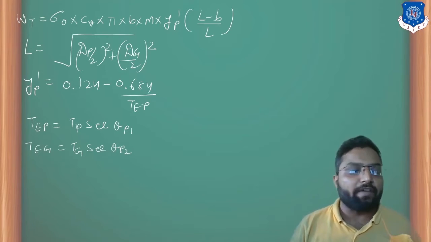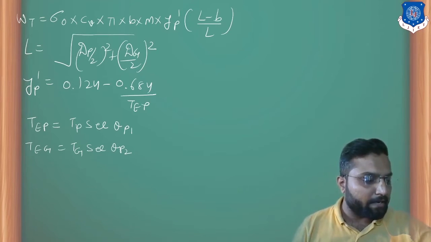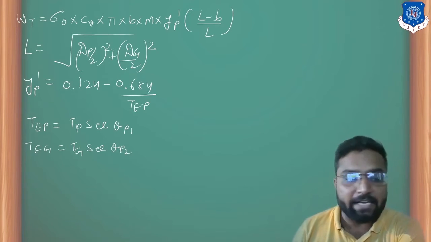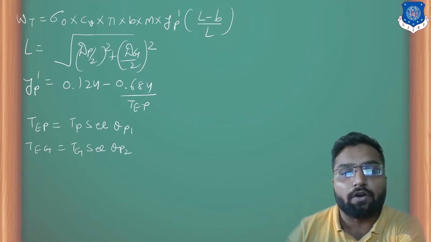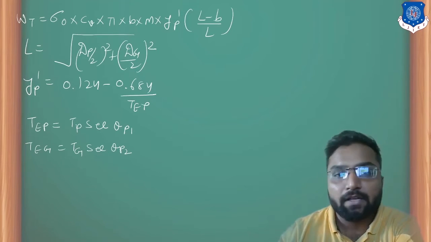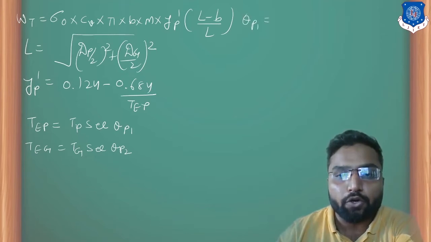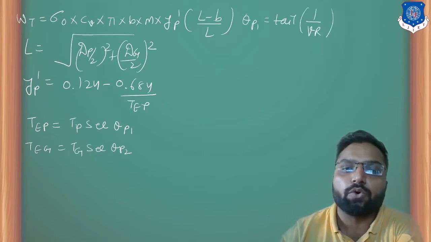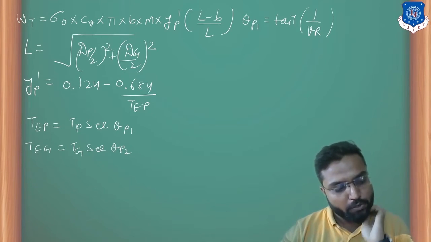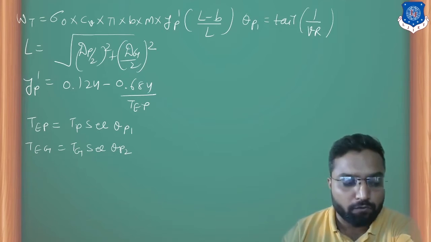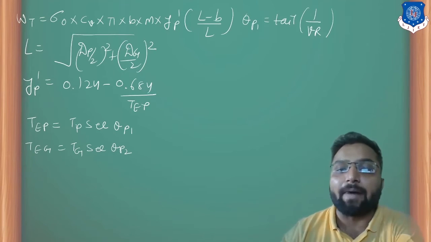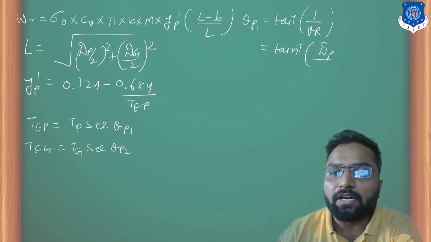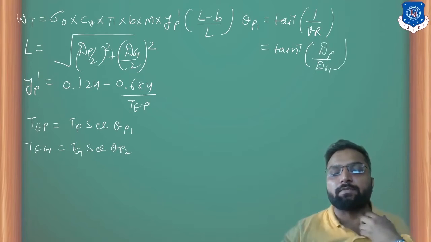So first of all we have to find TEP and TEG. Clear? Okay. First we have to find theta P1. Theta P1 is tan inverse of 1 upon the velocity ratio. And theta P2 we can find depending on the velocity ratio, which is dg by dp. So it will be tan inverse of dp by dg, which is the inverse of the velocity ratio.